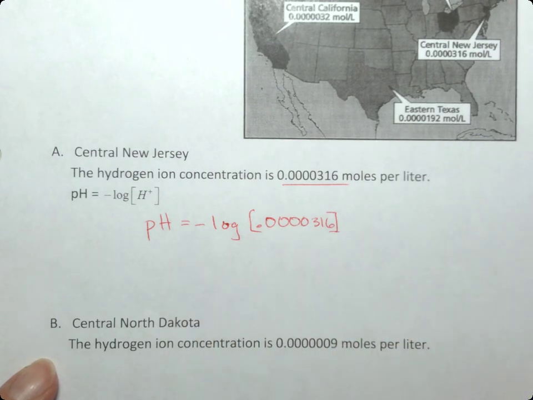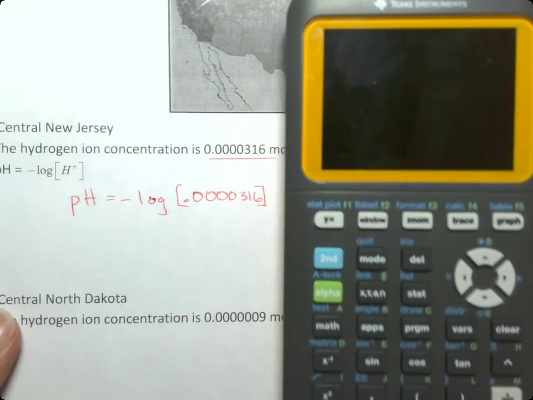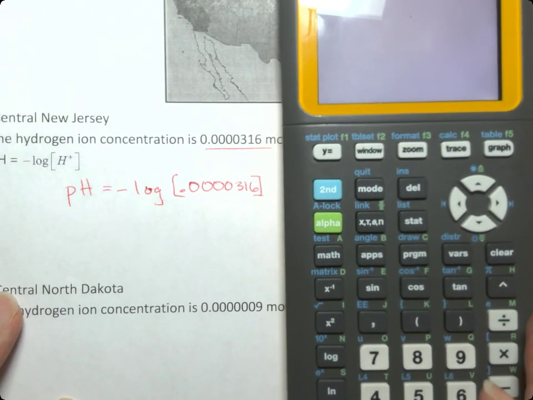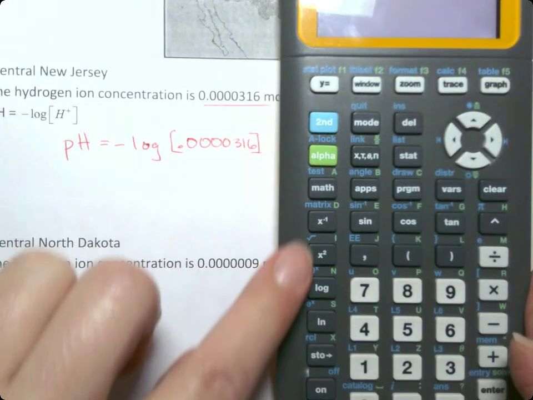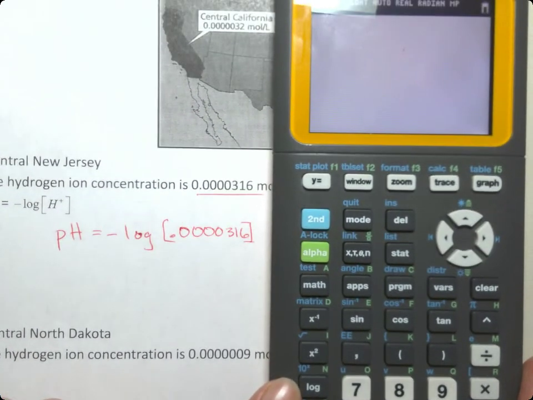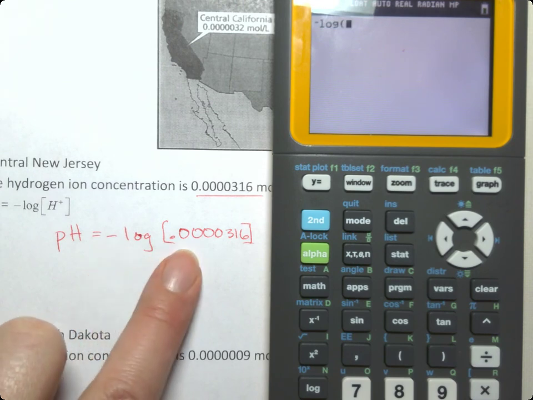I'm not asking you to do this by hand, so let's talk about where the log button is on your calculator. If you look down the left-hand side right beside the 7, there's your log key. Type in your negative sign, don't forget that, and then type in log. It understands it's going to be like negative 1 times log. Put your number in there and watch your decimal places.